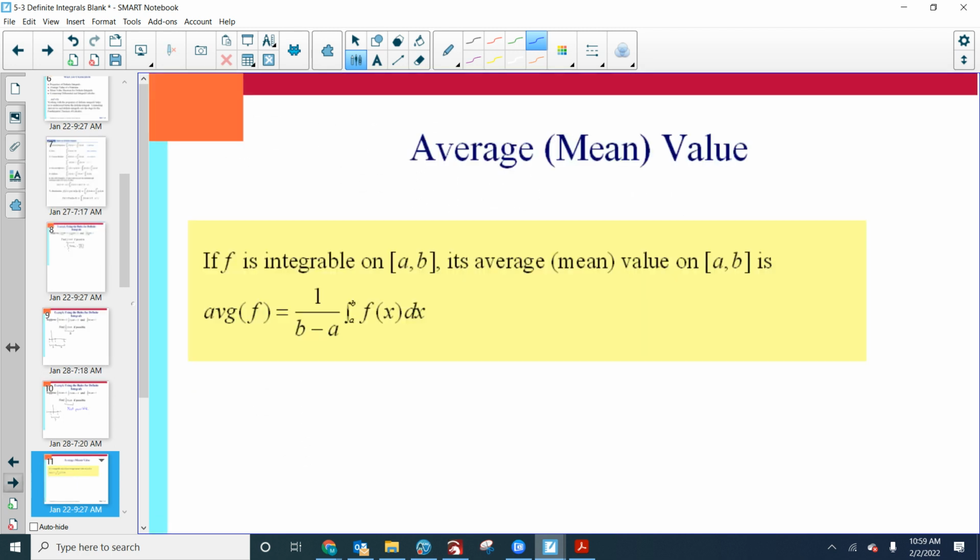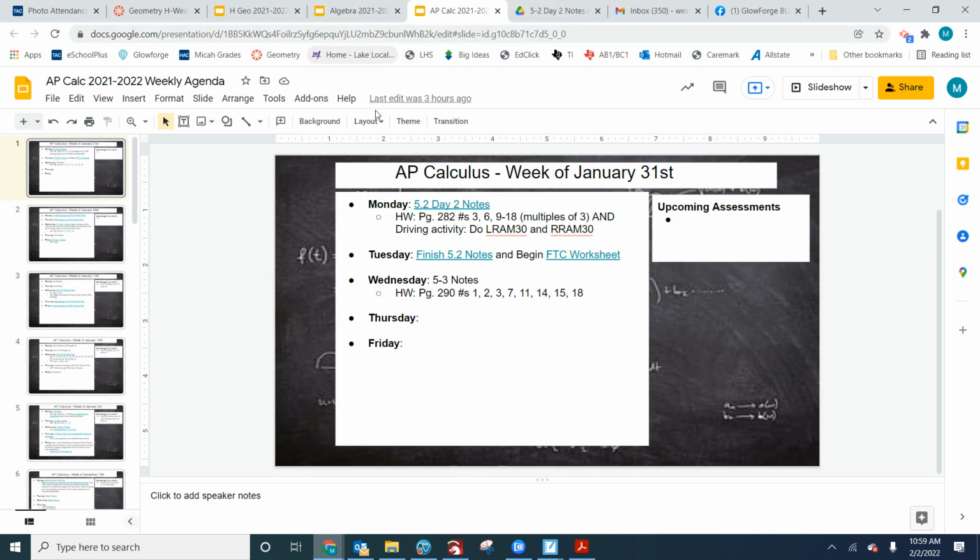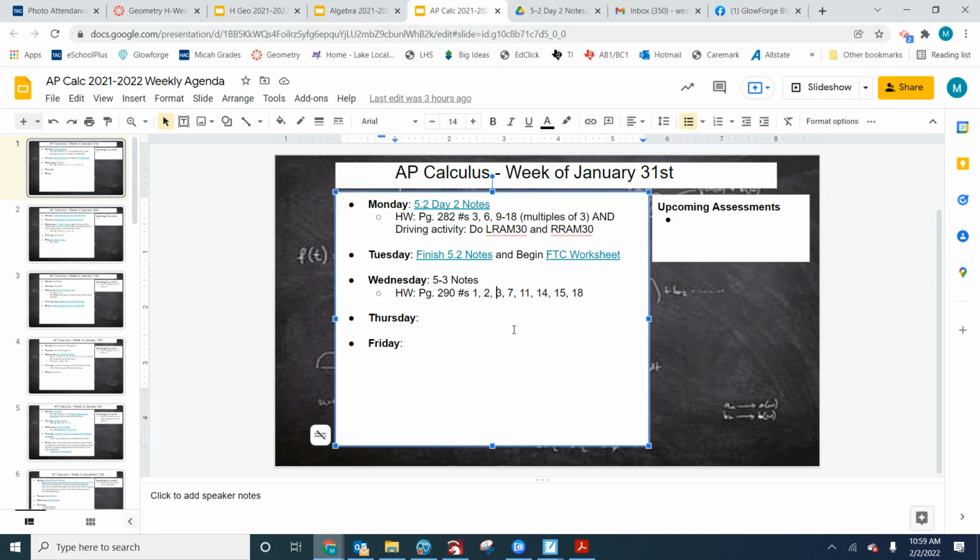All right. So please copy down those properties and a couple practice problems using those properties. One, two, three. 7.